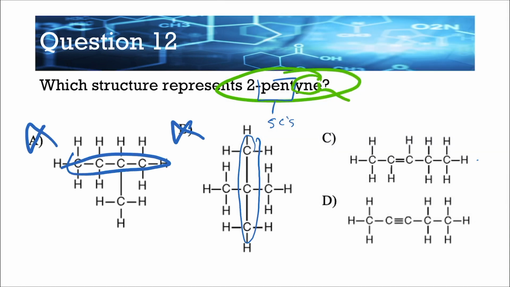Then YNE means you have to have a triple bond somewhere. And the only one with a triple bond is choice D. This 2 gives you the location of the triple bond, and it does start on carbon number 2. Okay.